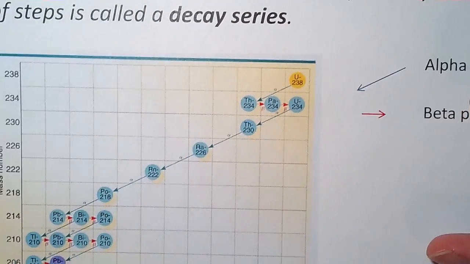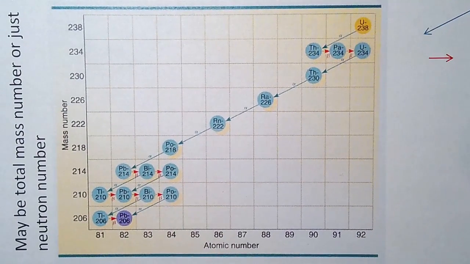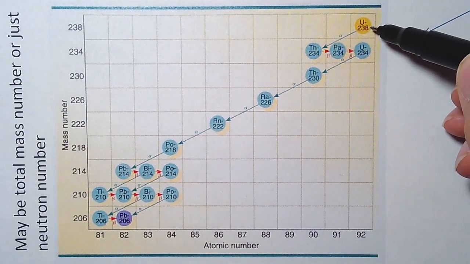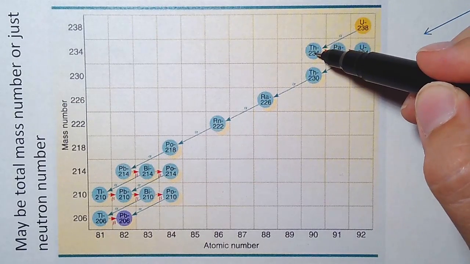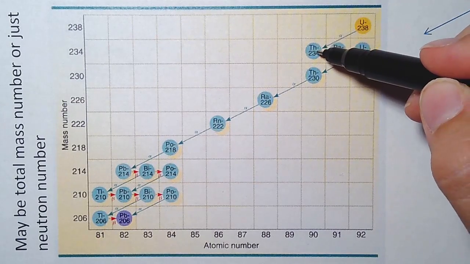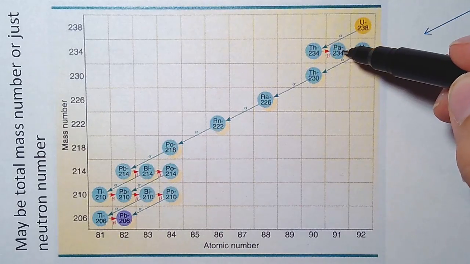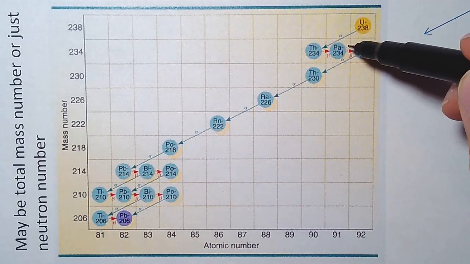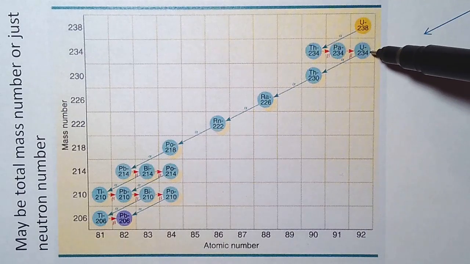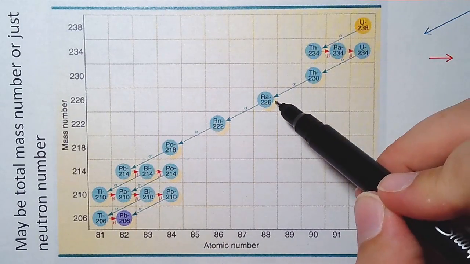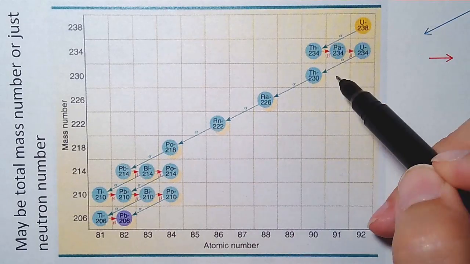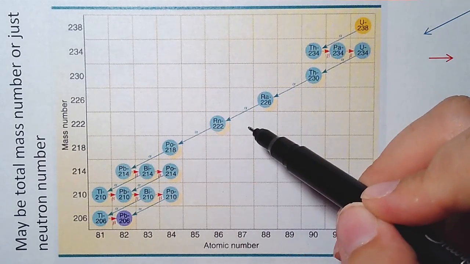So if we look at this example, this shows uranium-238 undergoing an alpha particle decay to thorium-234, then a beta particle to palladium-234, then beta particle to uranium-234, and then a series of alpha particle decays, because each of these isotopes in between is still unstable.